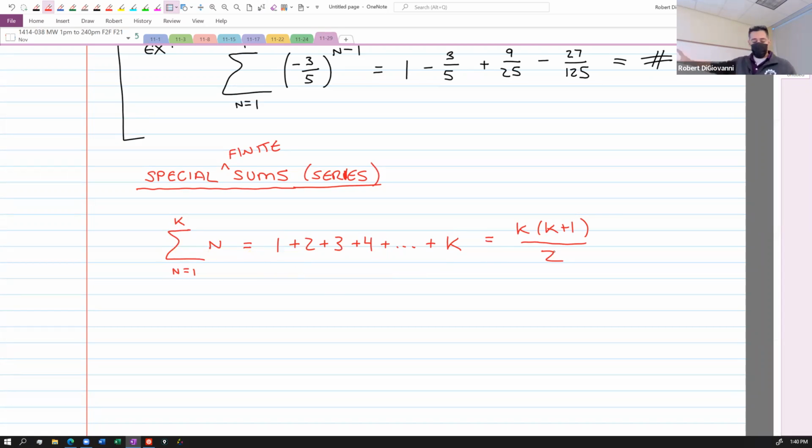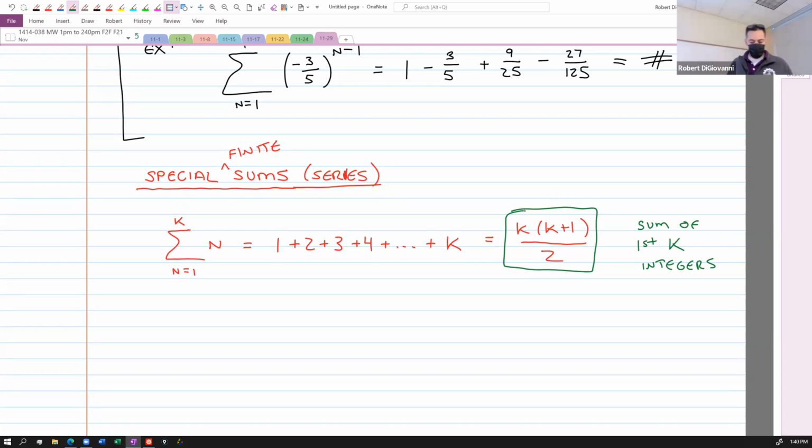If you think about it in math terms, this is the sum of the first k integers. That's what that formula gives you. So if you ever wanted to know what 1 plus 2 plus 3 out to 100 is, there you go. Just plug in 100 for k.